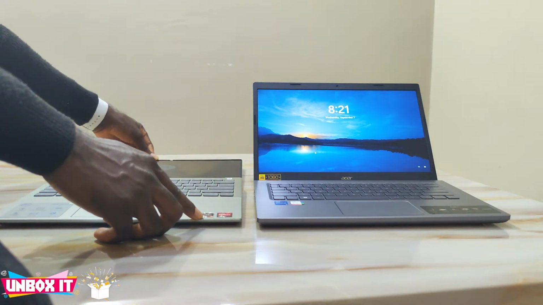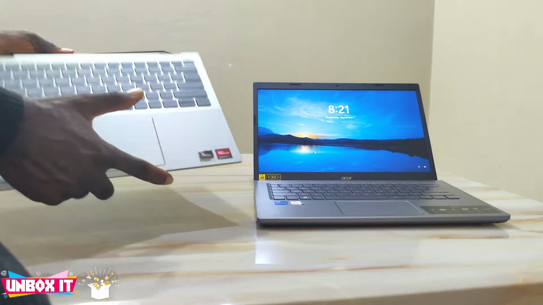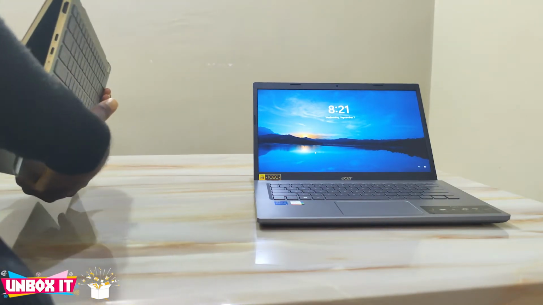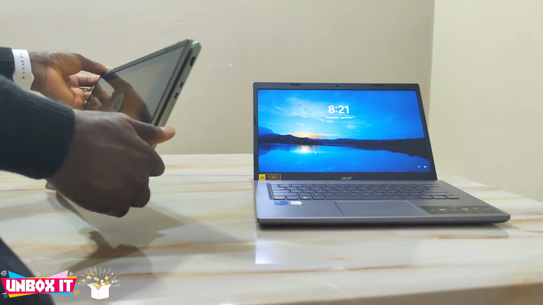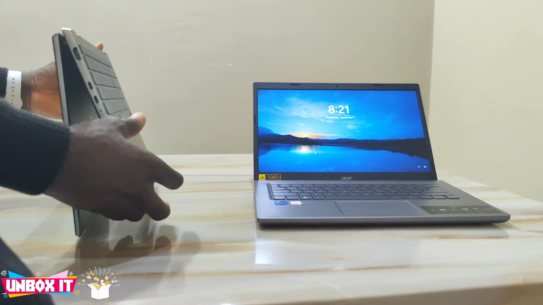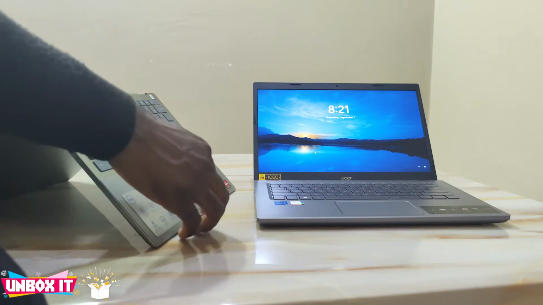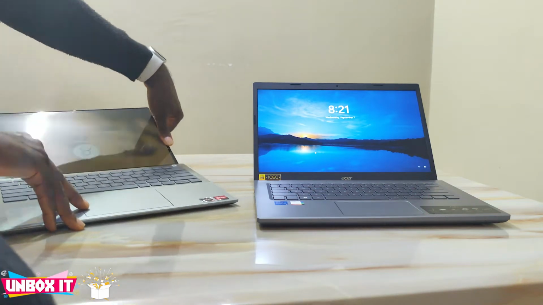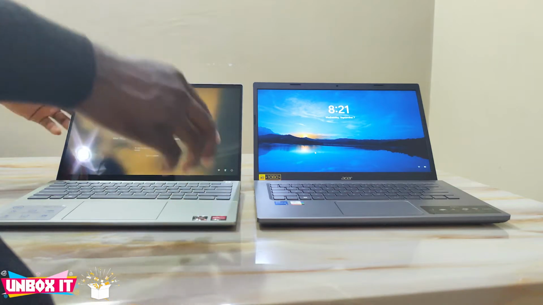That means you can put it in any mode of your choice, either to use it as a tablet, or in fact, any mode of your choice. So this makes the Inspiron a clear winner in this category of versatility. It has more ways of using it.